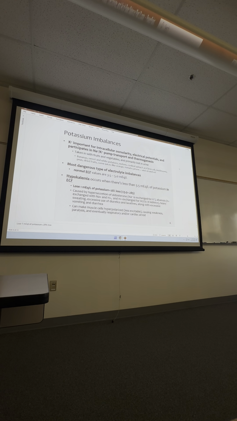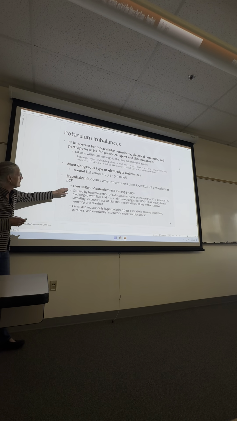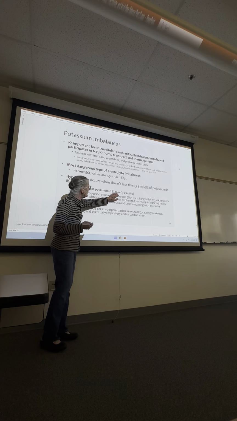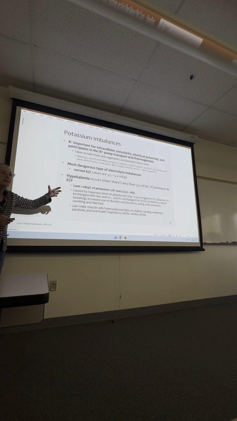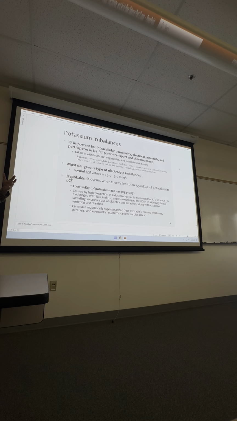There's no reason to be lacking in potassium. You can get it from virtually anything you eat. If we have hypokalemia, less than 3.5 milliequivalents potassium in the extracellular fluid, it means that we have lost 28% of the potassium in the extracellular fluid.